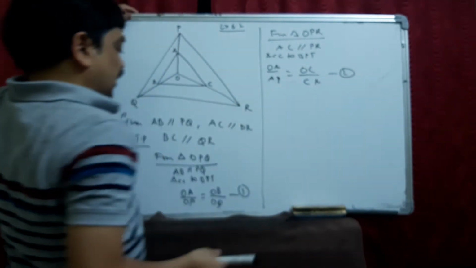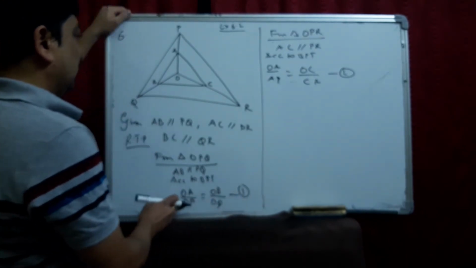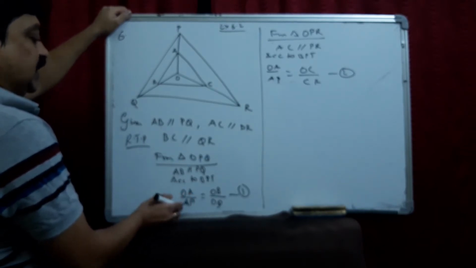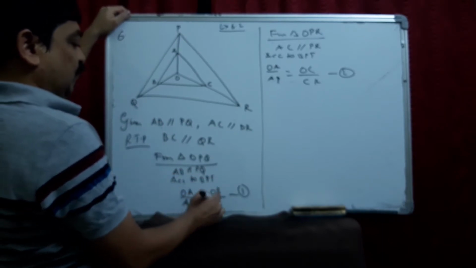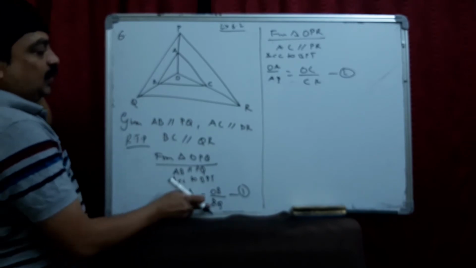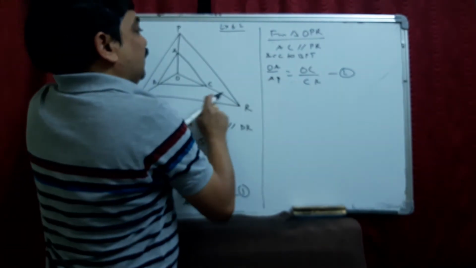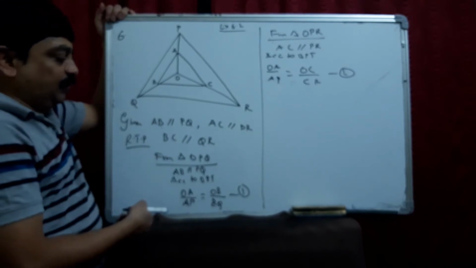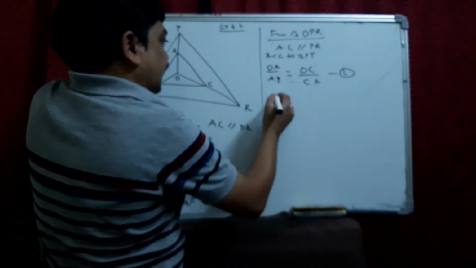This is equation 2. If you observe equations 1 and 2, the left sides are both OA by AP. OA by AP is equal to OB by BQ, and here also OA by AP is equal to OC by CR. Since the left-hand sides of both are OA by AP, we can equate the right sides.